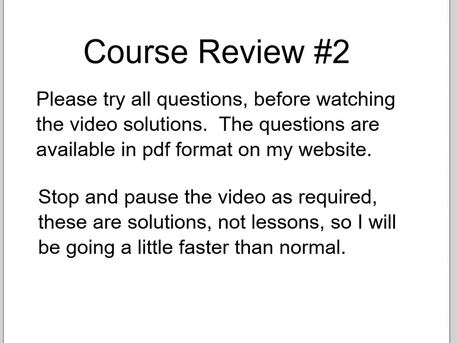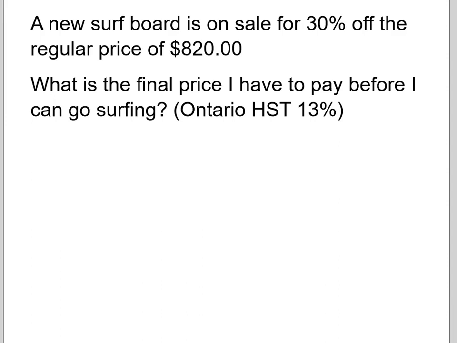Okay, a new surfboard is on sale for 30% off the regular price of $820. What is the final price I have to pay before I can go surfing? And we'll say in Ontario there's an HST of 13%.